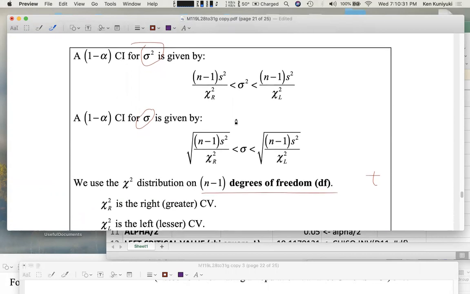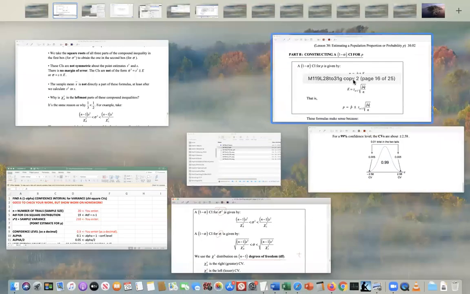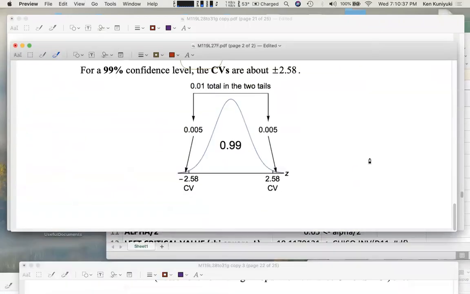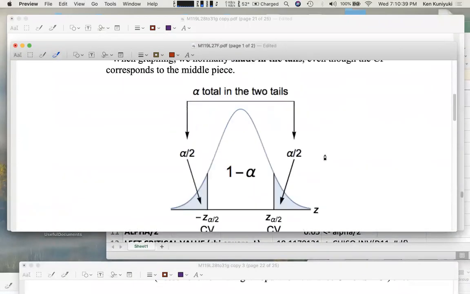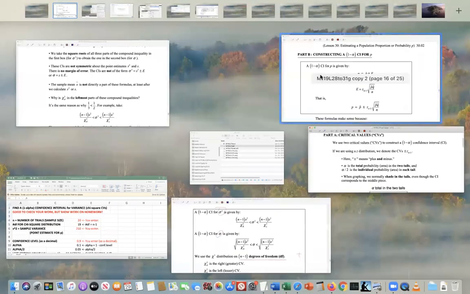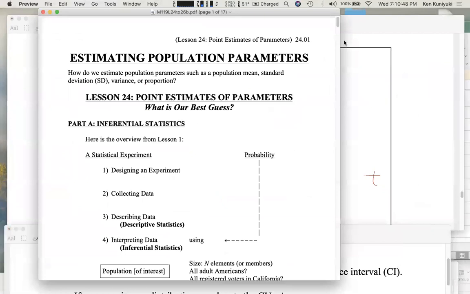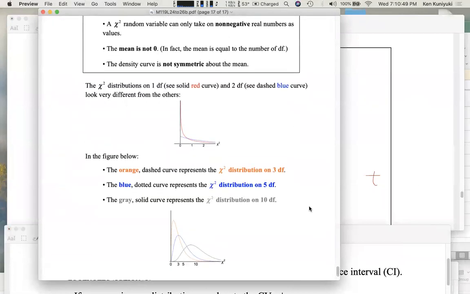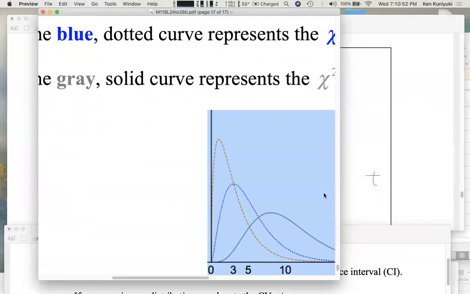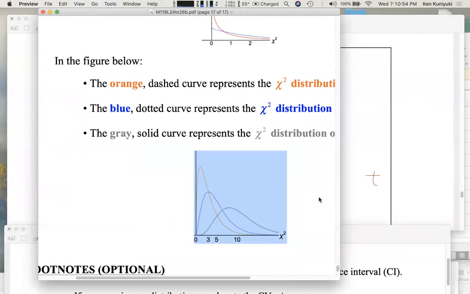Now, here we're going to have different labels because remember, chi-square distributions were never what? They were never negative. Chi-square distributions are never negative in value.